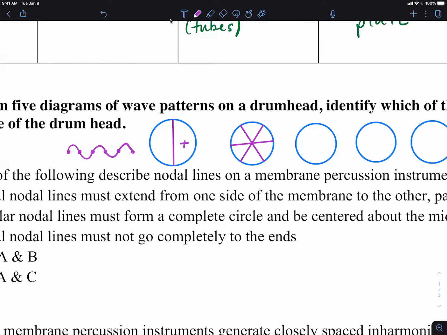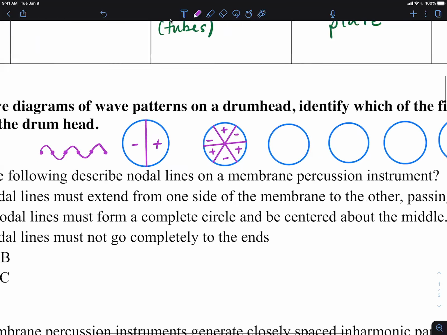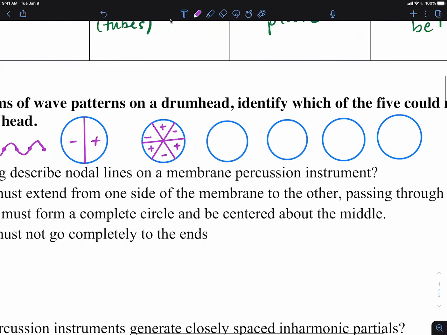That means when the right side is up, the left side will be down, and when the left side's up, the right side will be down in this first one. And in this more complicated one I drew here, it just means that the adjacent sections would be out of phase. So when all the pluses are up, all the minuses would be down, and the nodal lines would be the lines in between that don't move. So that's one type of mode.